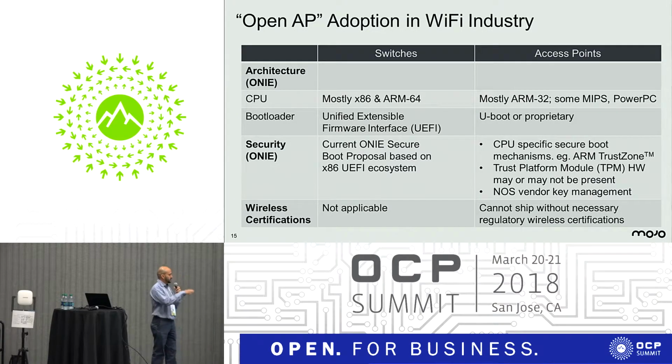There is a difference with the bootloaders. And then secure ONIE is also going to be very essential for this to be embraced in the access point community, because the APs at the end of the day are out in the open. So you have to protect the images, etc., that get installed on the AP, and you have to keep out malicious code, etc.